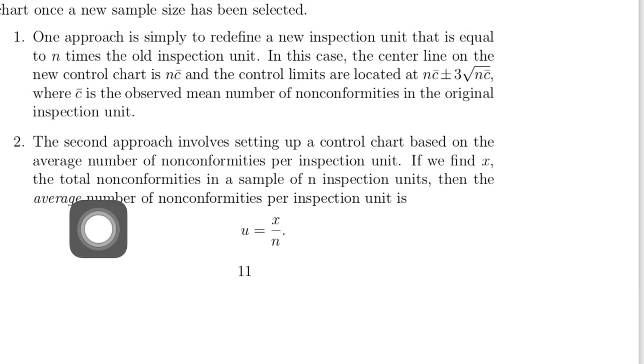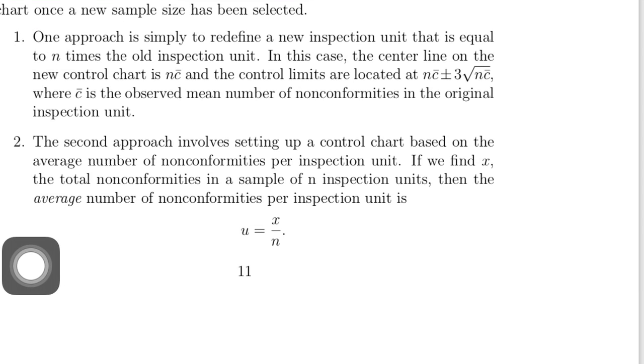And the second approach is to find the average number of non-conformities, or average number of defects, per inspection unit. So if you let small x be the total number of defects in a sample of n inspection units, then what is the average number of defects per inspection unit? It is simply x by n.